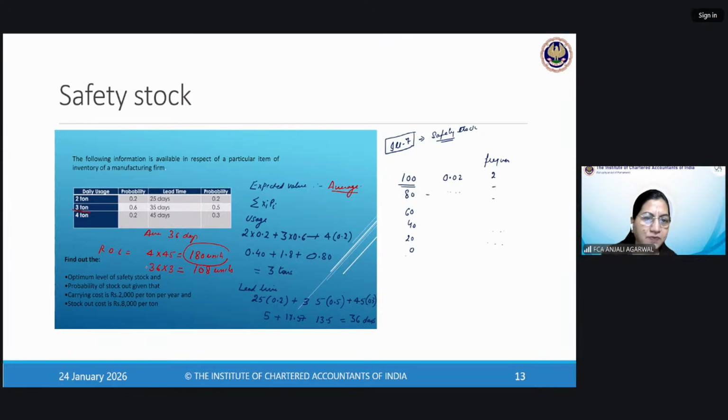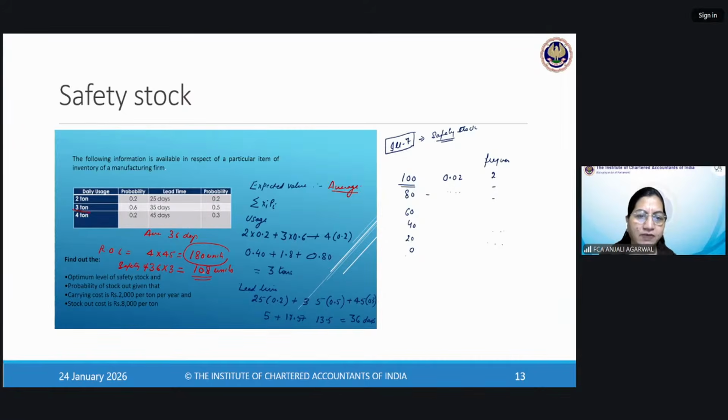So there has to be some safety stock, which is anywhere between 0 to 72 units. For sure your average requirement is 108 units. This is the minimum you will place a reorder level at. And if you go by maximum, it is 180.